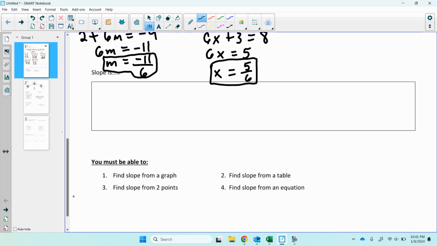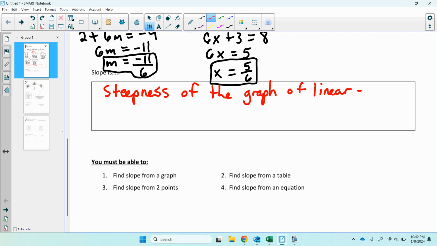The second part of these notes will be about finding slope. So to recall the topic of slope, what we're looking at is the steepness of the graph of a linear equation.